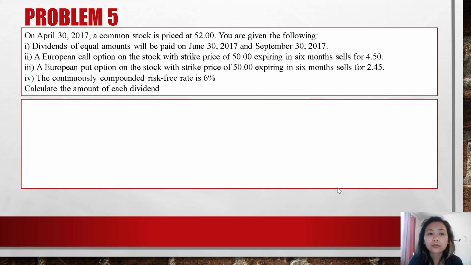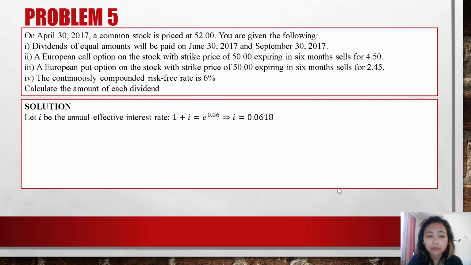Alright, so again we have to use put call parity, but here in order to find the present value of the dividend, we have discrete dividends, but we're not given the effective annual interest rate. So we have to go and find the annual effective interest rate.